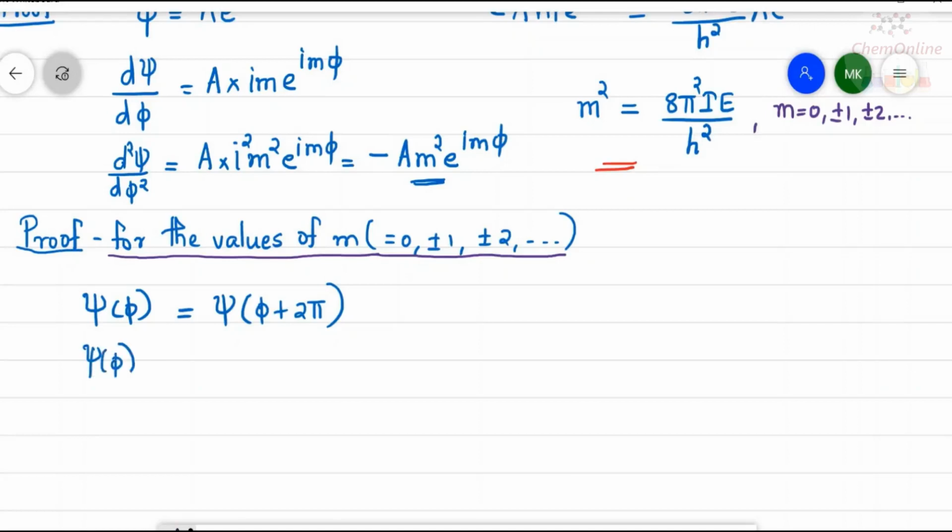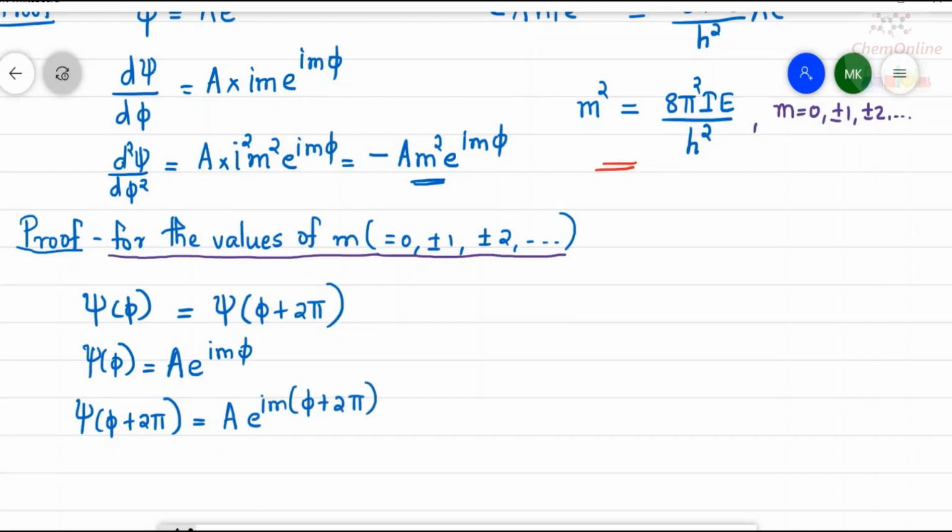We have xi of phi equals a e raised to im phi, and xi of phi plus 2 pi can be written as a e raised to im into phi plus 2 pi.